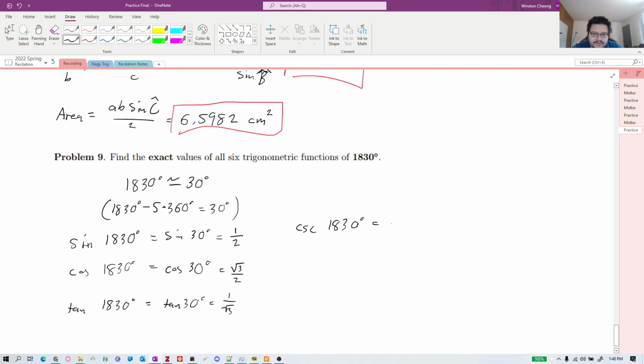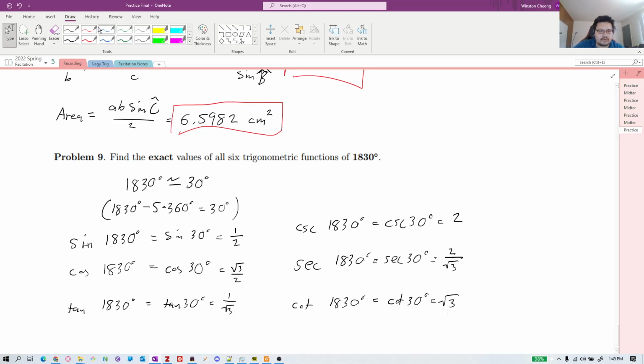It's a bit of a pain to write everything out in full detail, but I'll do it just this once. Secant of 1830 is the same as secant of 30, which is equal to 2 over root 3, and then cotangent of 1830 is cotangent of 30, which is root 3.